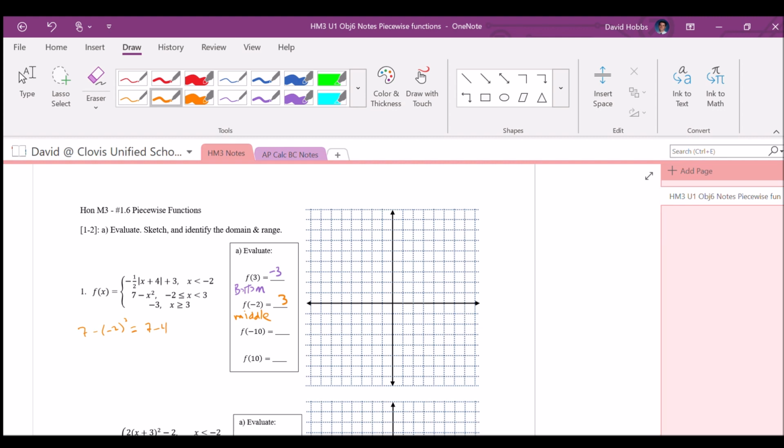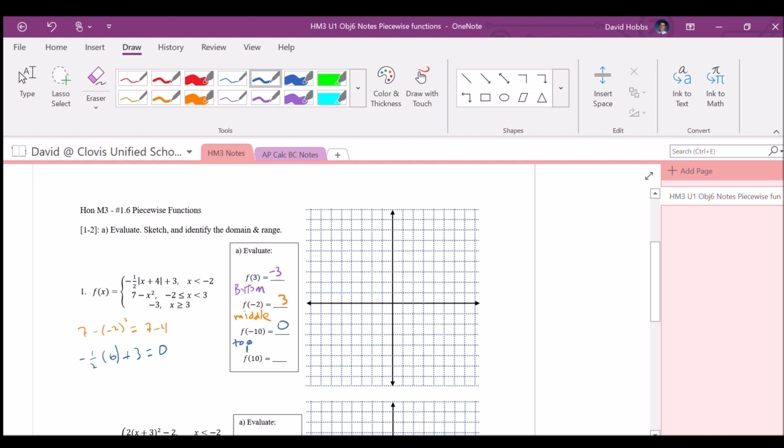f of negative 10, okay, well, where is negative 10? Is negative 10 less than negative 2? Yes, so it's the top rule. So for f of negative 10, we've got negative 10 plus 4, which is negative 6. Absolute value of negative 6 is positive 6. So I have negative 1/2 times positive 6 plus 3. So negative 1/2 times positive 6 is negative 3, plus 3 is 0.